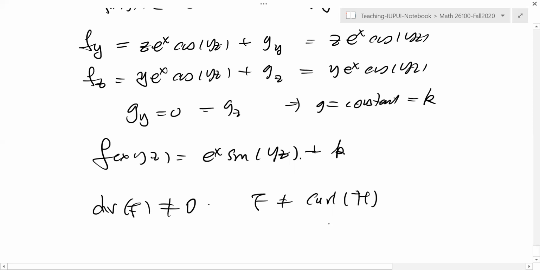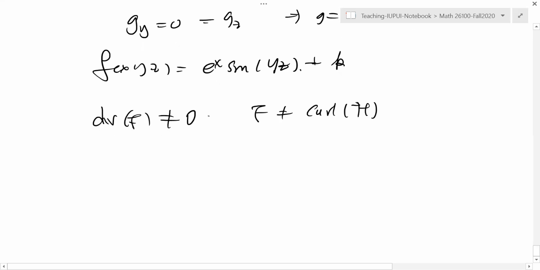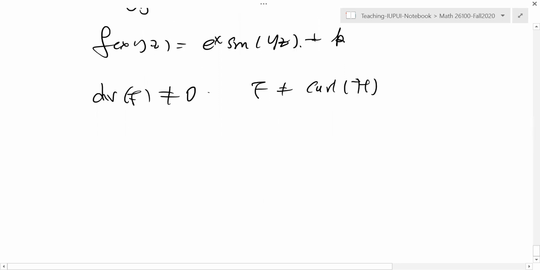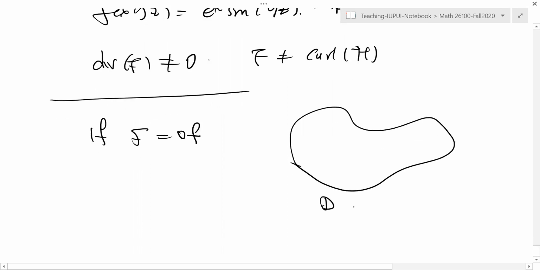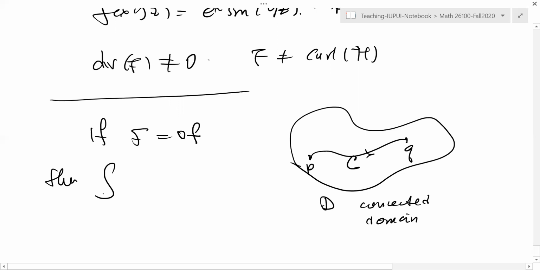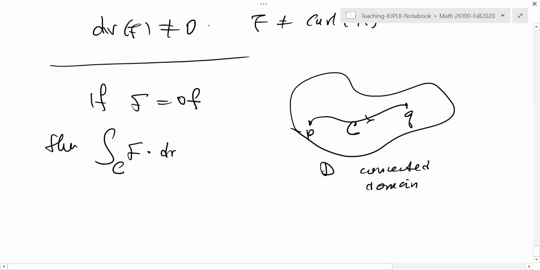Now, if F is the gradient of some function f on some connected domain, then if I give you the path C from P to Q, the integral of F dr along C is just equal to f(Q) minus f(P).